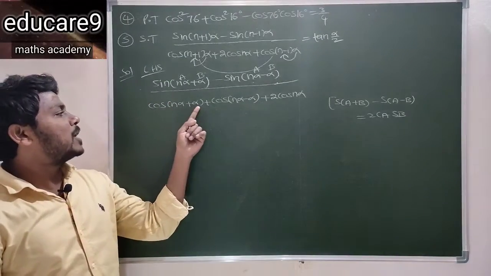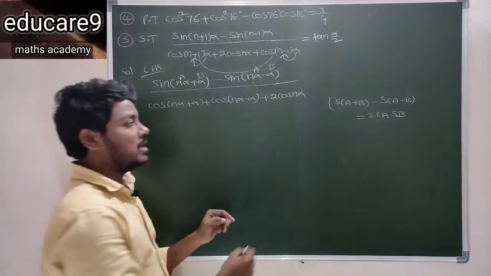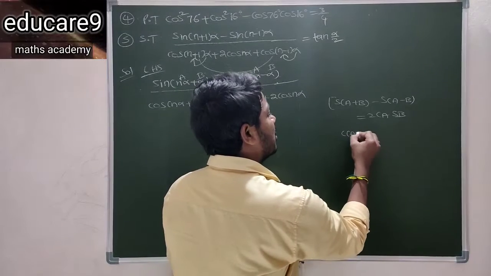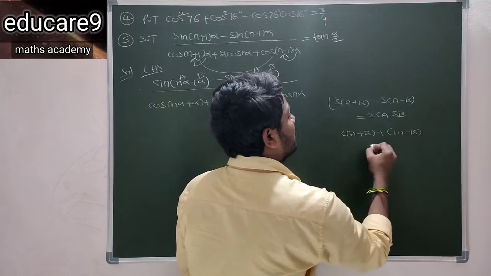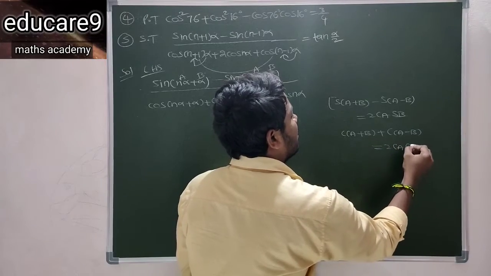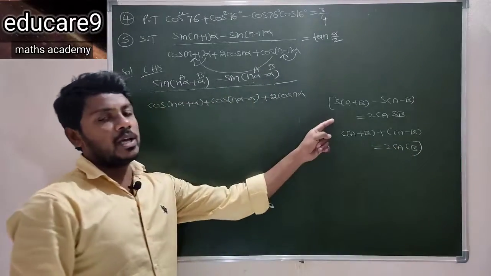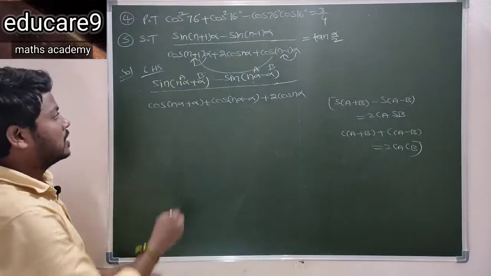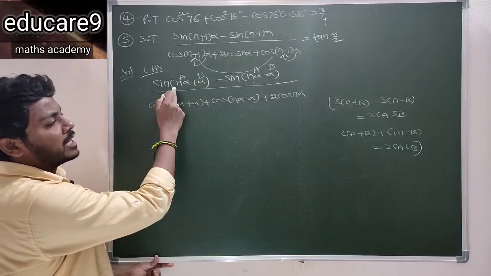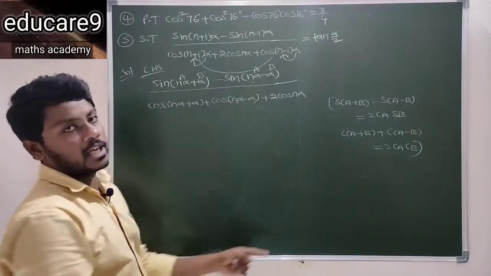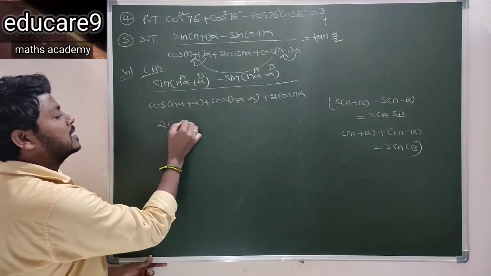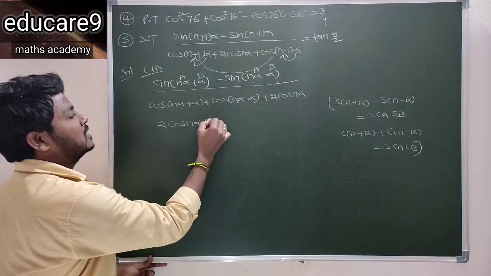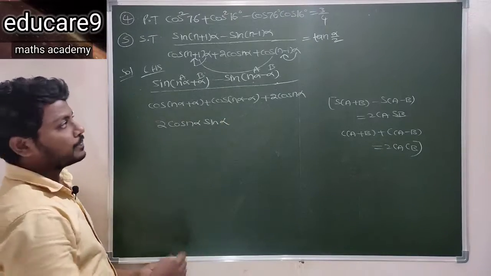Denominator, cos of a plus b plus cos of a minus b formula, 2 cos a cos b. So you have to apply these two formulas here. Clearly the numerator, sine of a plus b minus sine of a minus b, is 2 cos a sin b, so 2 cos n alpha sin alpha.